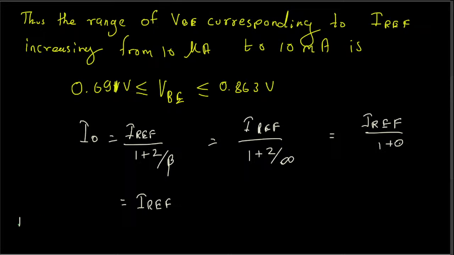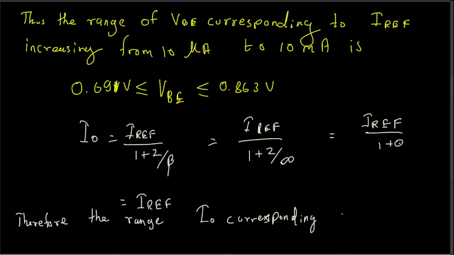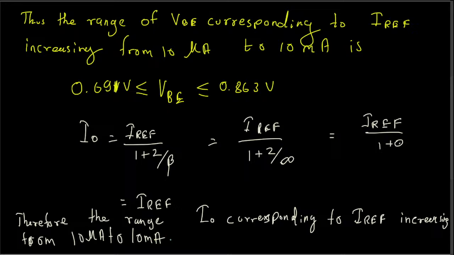So we can say therefore the range of I naught corresponding to I reference increasing from 10 microampere to 10 milliampere is 10 microampere less than or equal to I naught less than or equal to 10 milliampere.